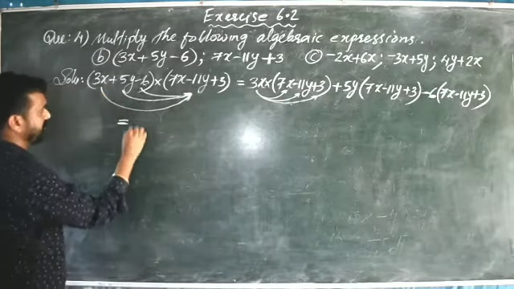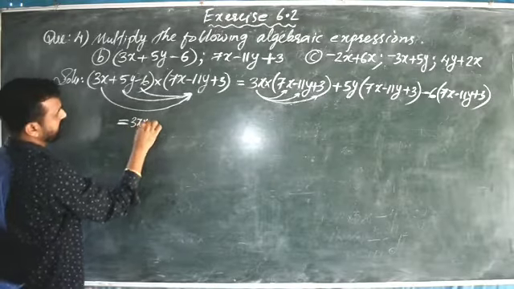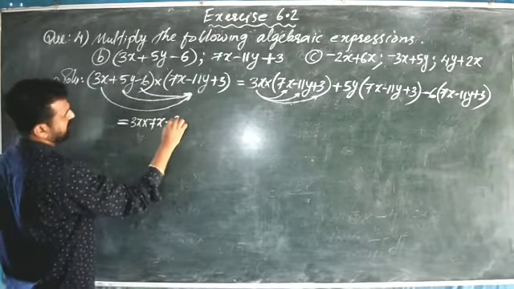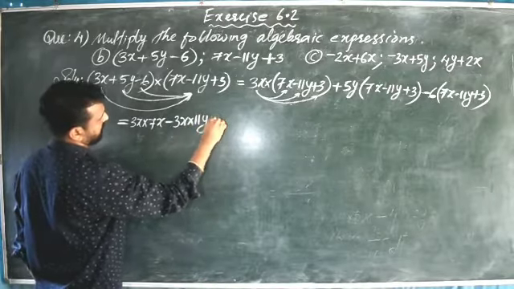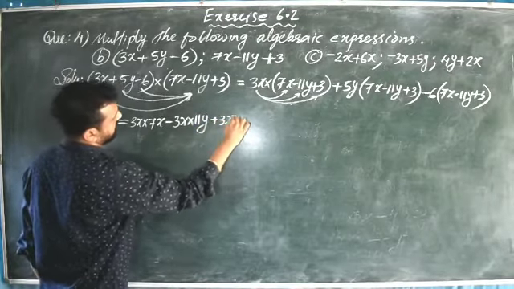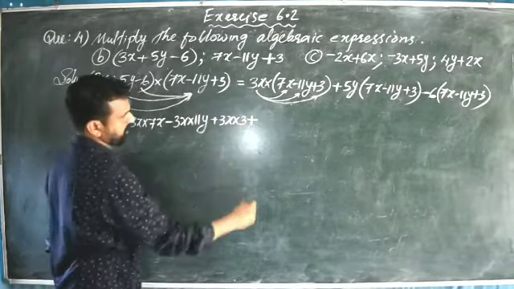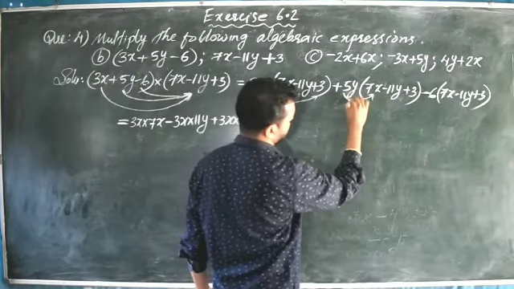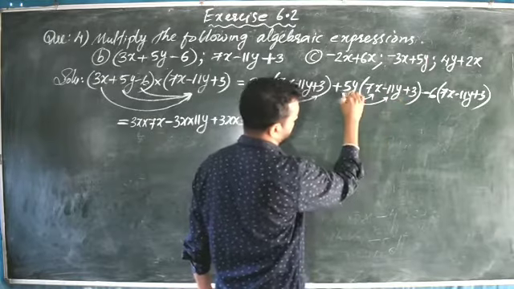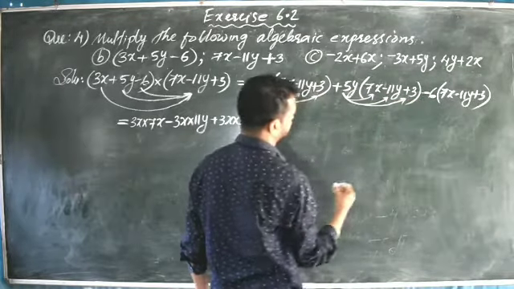So here it will come 3x into 7x minus 3x into 11y. After that sign plus 3x into 3. Next one, plus 5y into 7x plus 5y into minus 11y plus 5y into 3.